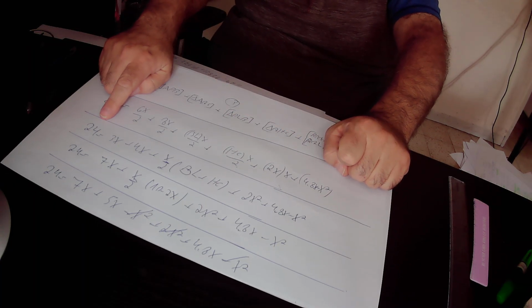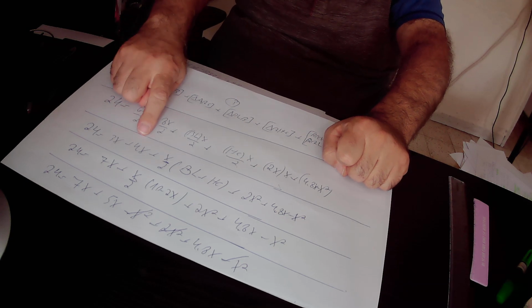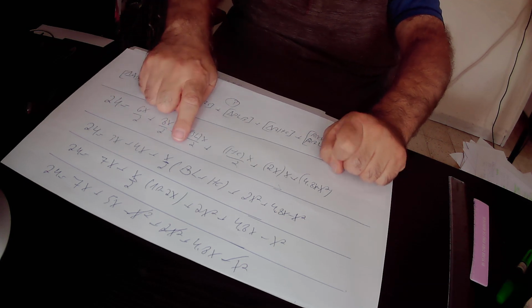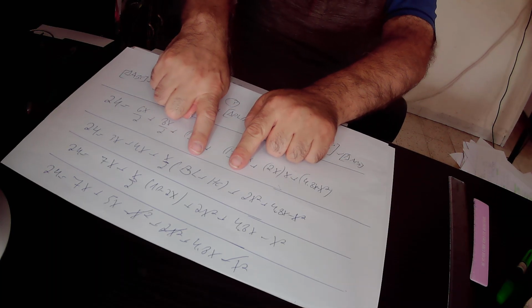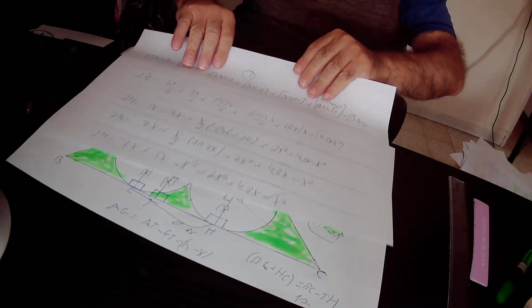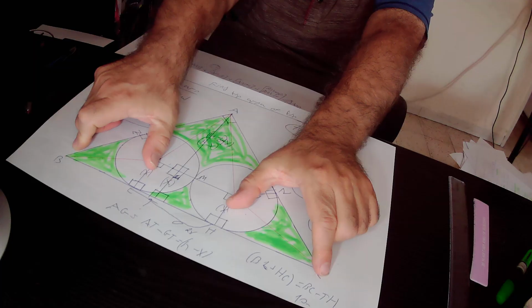So 24 equals 3x plus 4x, which is 7x, times x over 2. What is the value of BL plus HC?